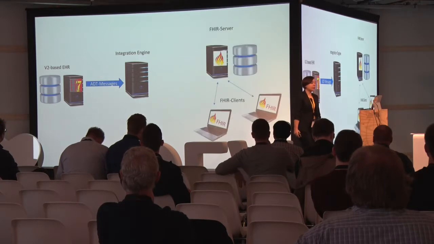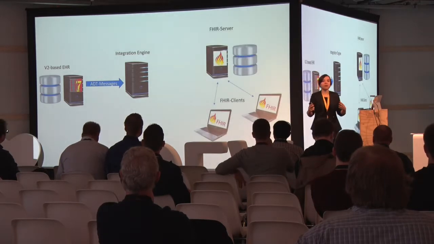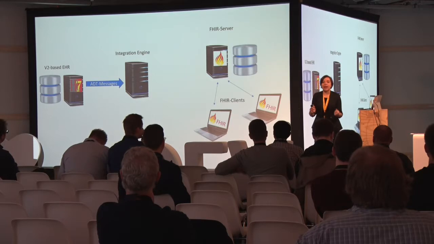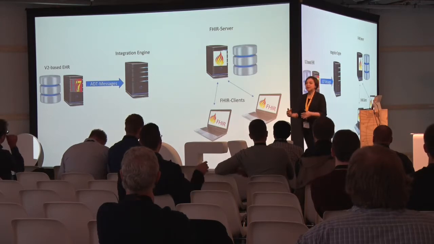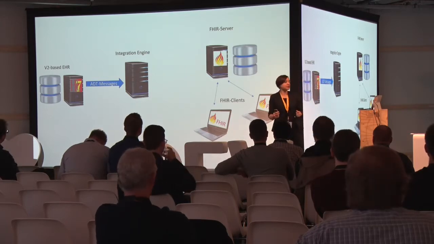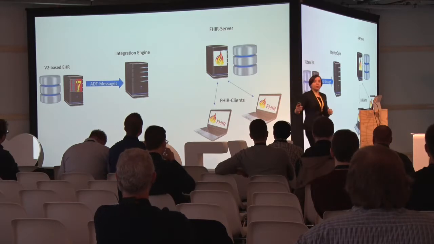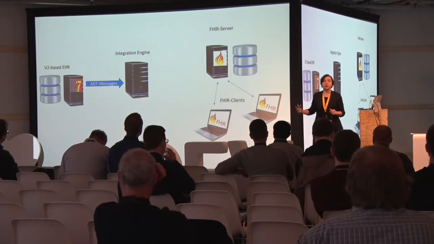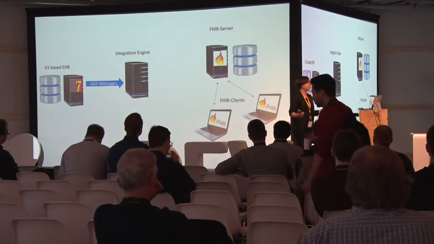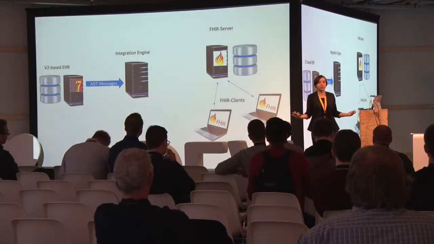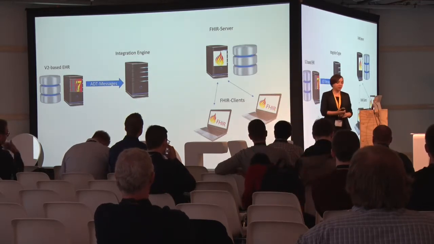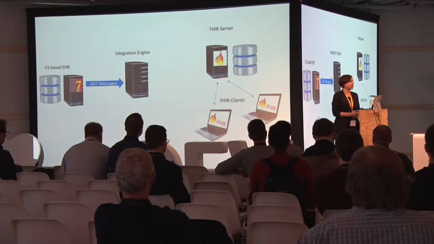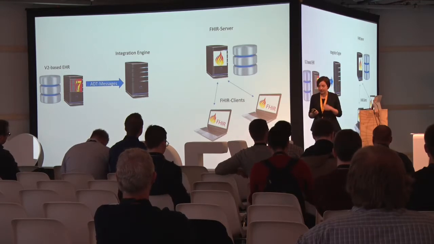So now suddenly we want to buy these fancy new mobile apps or mobile devices that are all FHIR enabled, and maybe they even come with their own FHIR server, or we just pick one. I mean, there are plenty of FHIR servers freely available around. Those are just generic reference implementations that you can download and deploy in an instance.